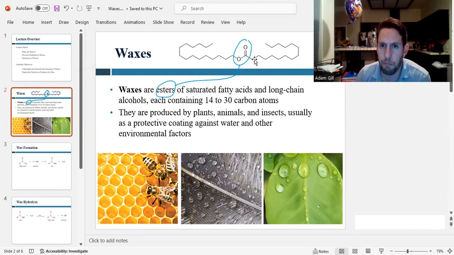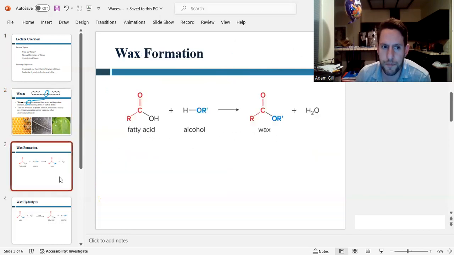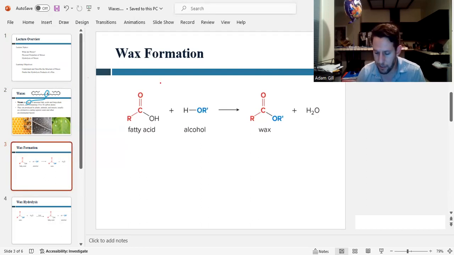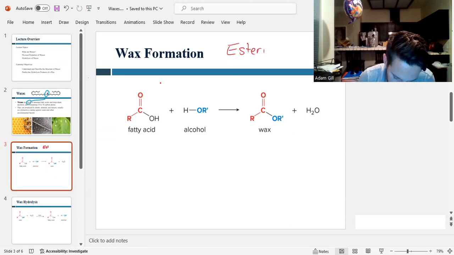So let's talk about how we make this wax. Waxes are made from a fatty acid and an alcohol. And this is just your typical esterification reaction that we talked about in chapter 12. So it's an esterification.